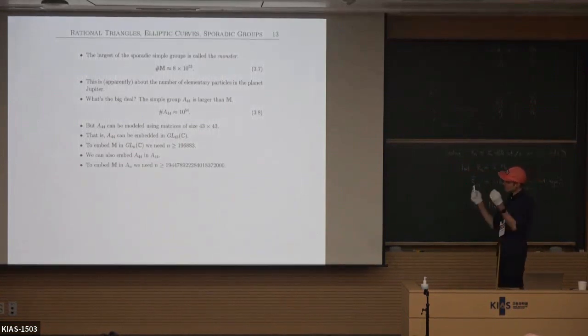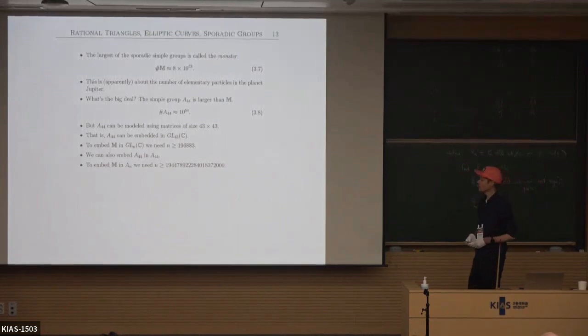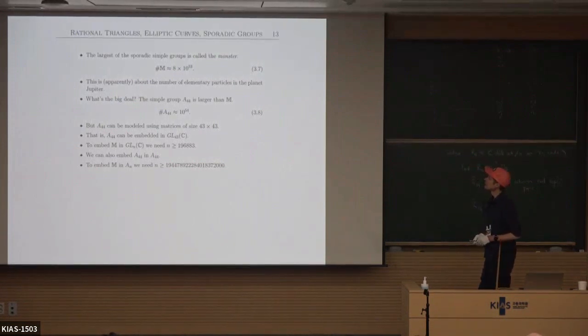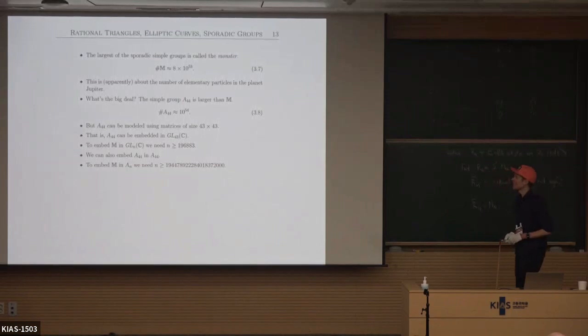The smallest permutation representation of the monster is ridiculously large. So somehow the point is that the monster is small, not that it's large. Okay.